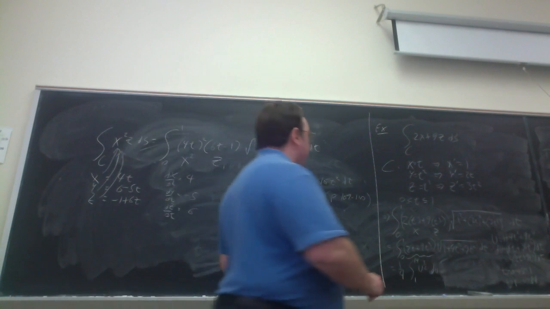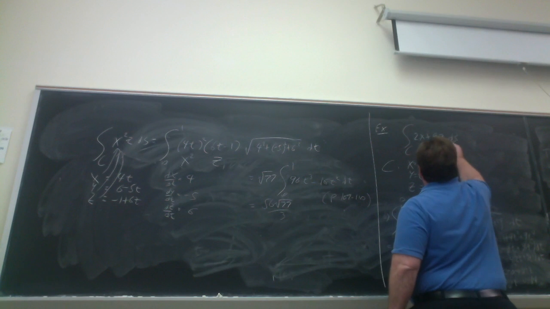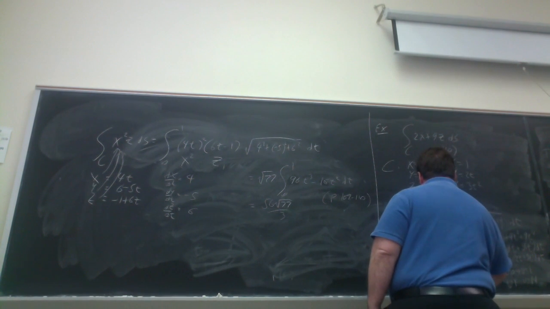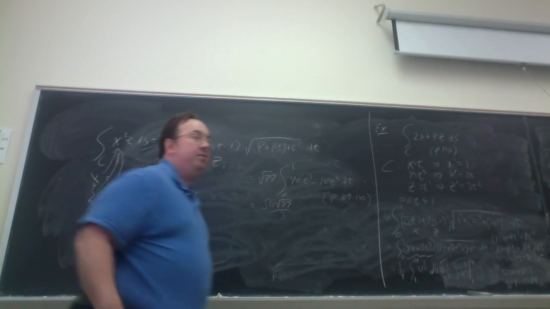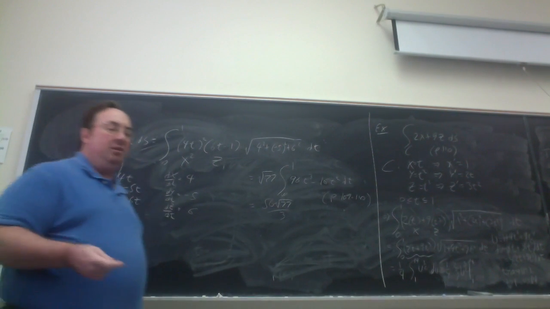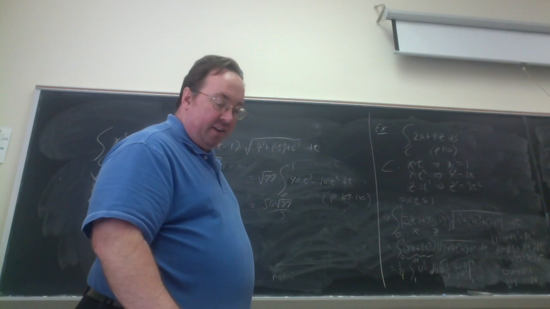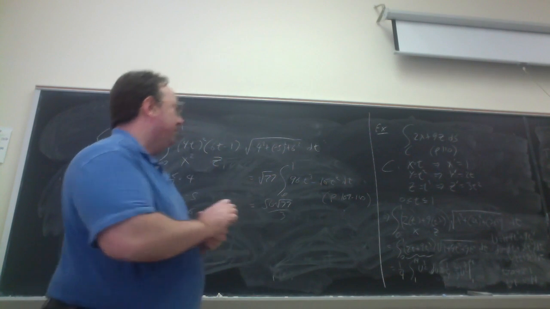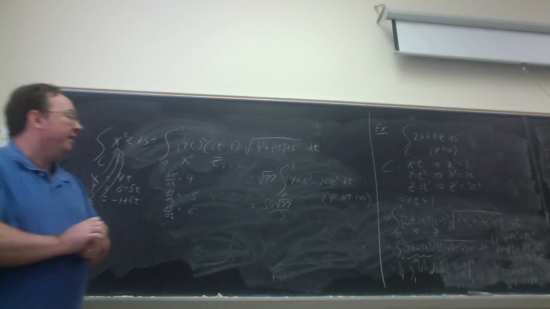This is on page 110 to work that out. So it's 1/4 times 2/3 u to the 3/2 with limits 1 to 14. Or you can put it back in terms of t and go back to your original limits of 0 to 1. I don't care how you do that. Then you can finish it off with your calculator from there.